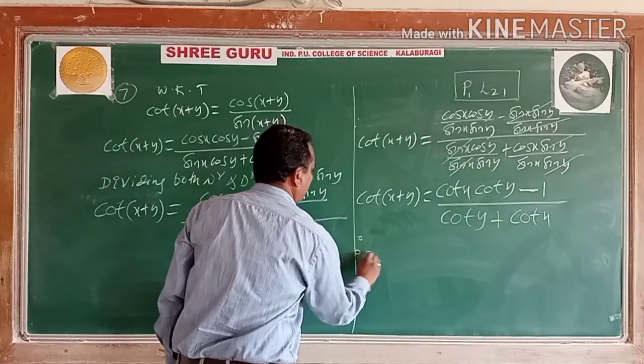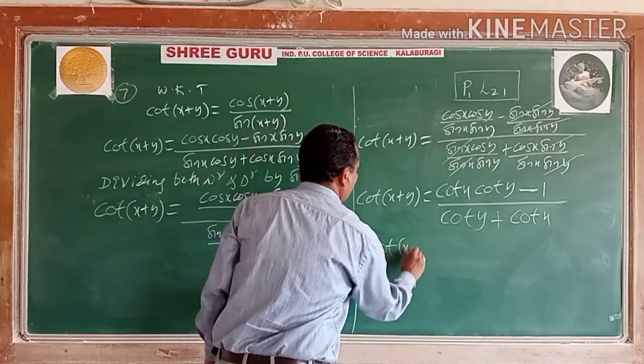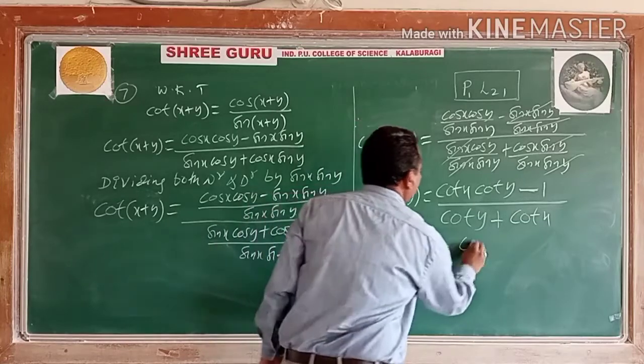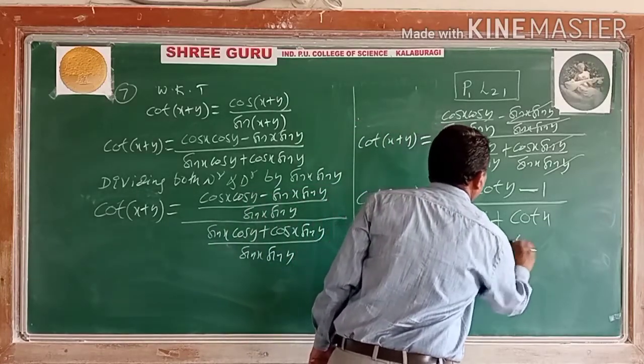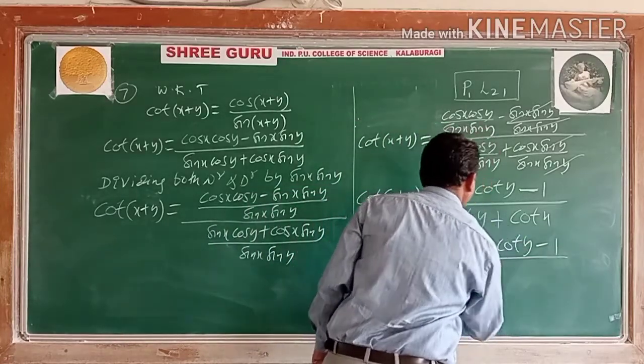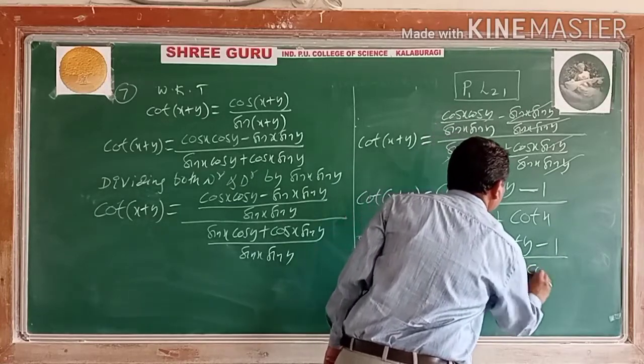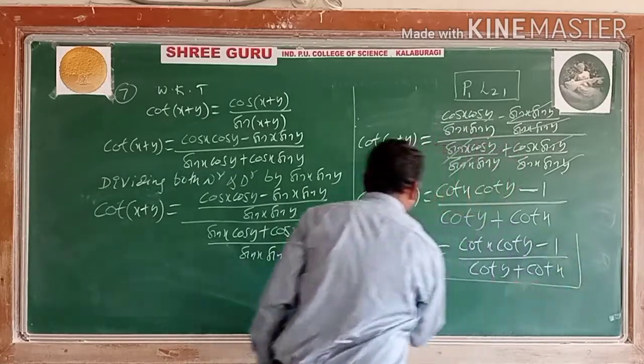So therefore cot of x plus y is equal to the formula here, cot x cot y minus 1 divided by cot y plus cot x, or cot x plus cot y.